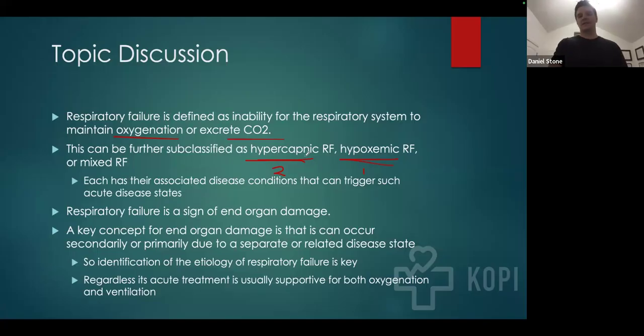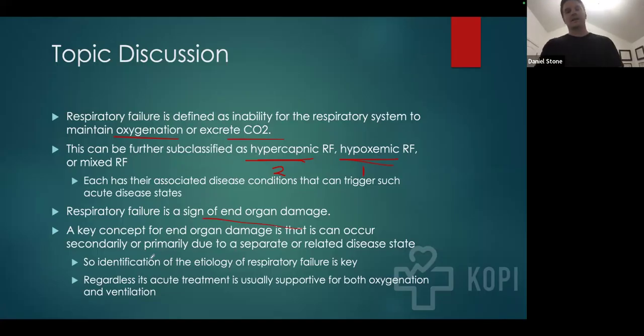So instead of admitting that they're two separate entities, just allowing some thought in regards to the fact that one entity is always present, in that the type 2 respiratory failure is slightly more advanced. And it's the same type of respiratory failure, but it's specifically a more advanced or more severe type. We talked a little bit about respiratory failure as a sign of end organ damage.